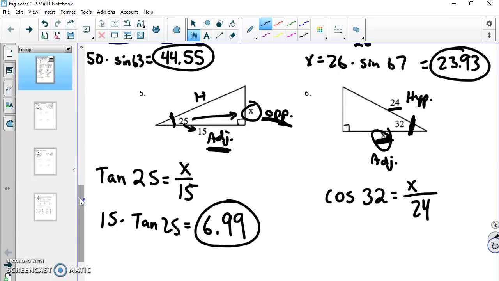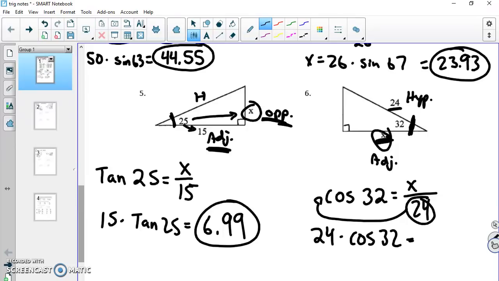And once again, to get x by itself, we just have to take that 24 and move it over. So 24 times cosine of 32, type that in, you should get 20.35. Okay? All right, good job on the first page of the basic trig notes.